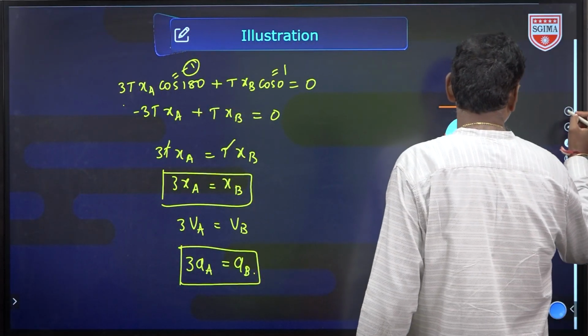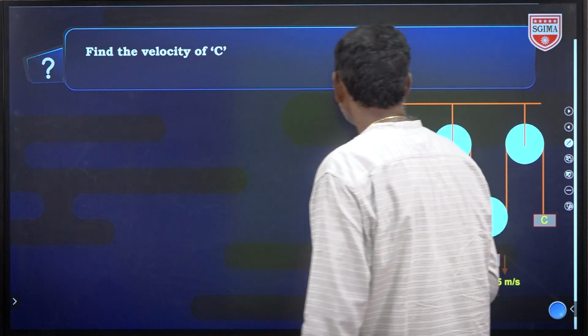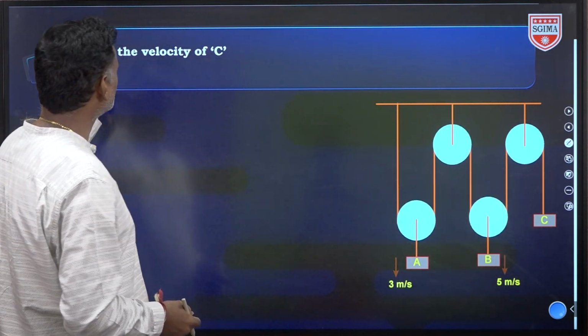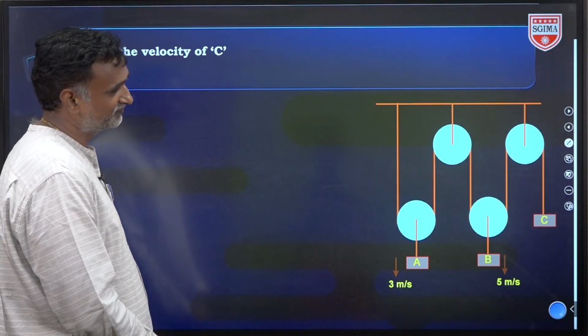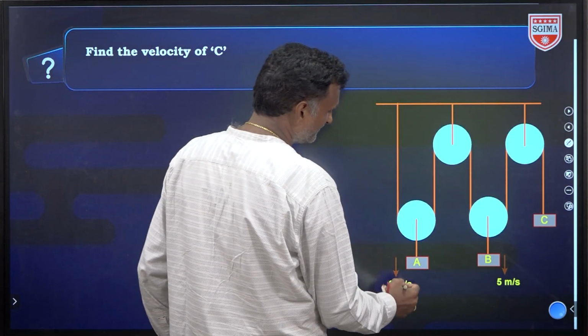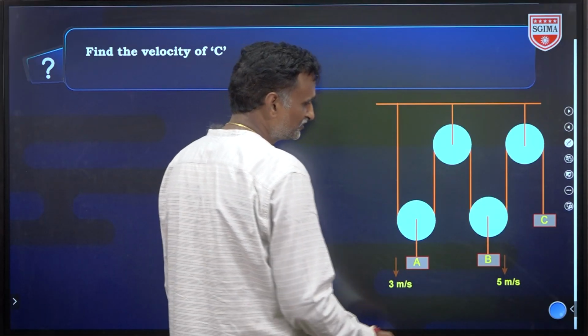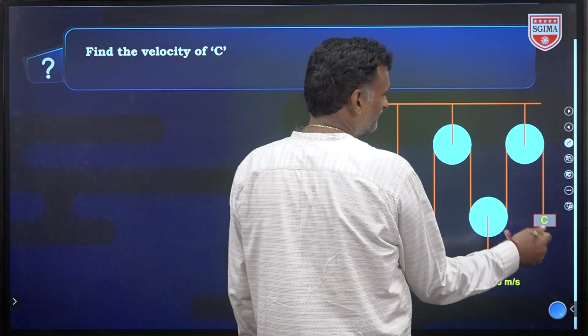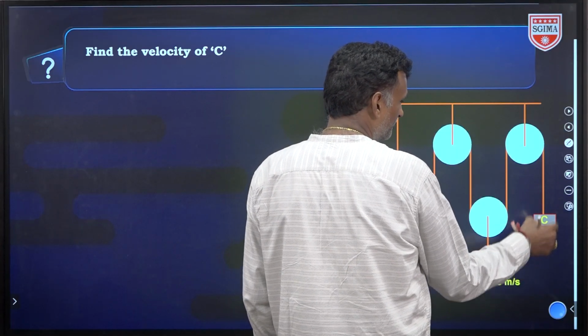Next, here is one more complex pulley, in which we have to find the velocity of C. Let us take the velocity of A downward 3 meter per second and B also downward 5 meter per second, and for C we do not know whether it is going downward or upward.